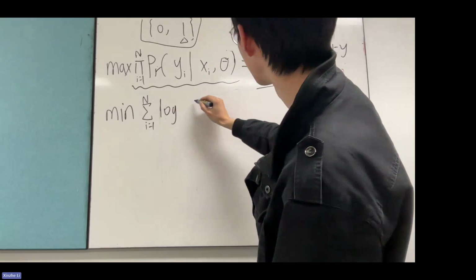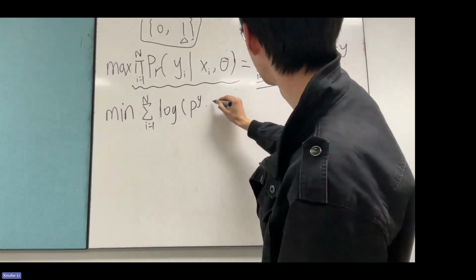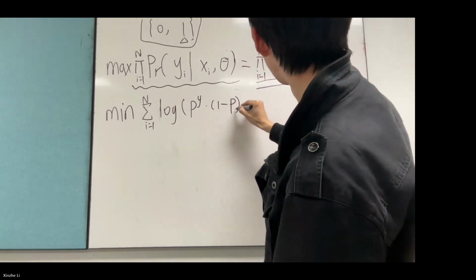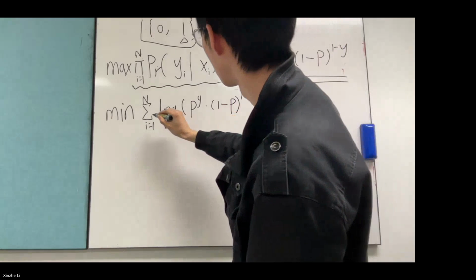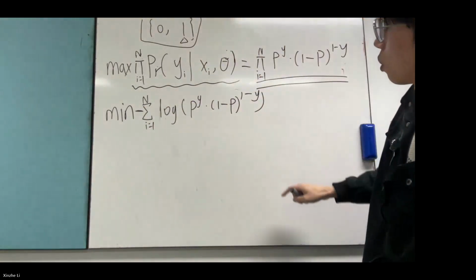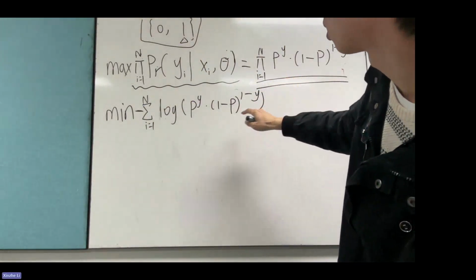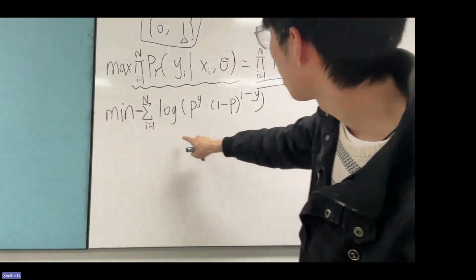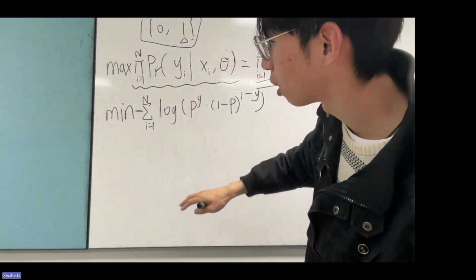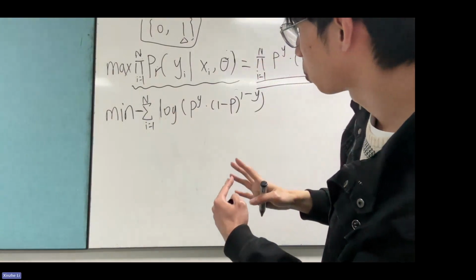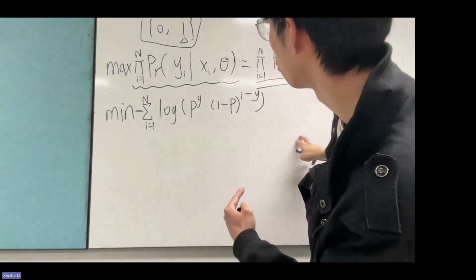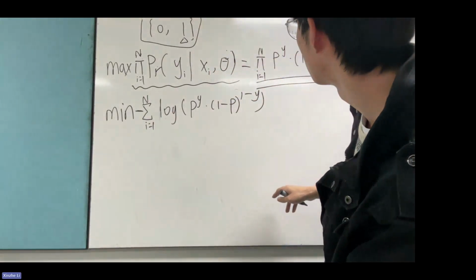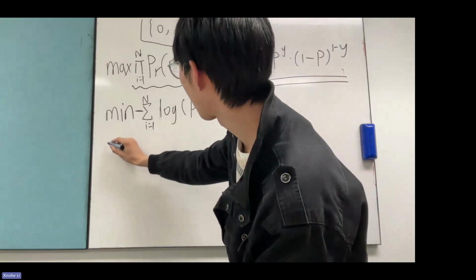I will do it from scratch so you can get the detail. See, these two are the same, right? Because I put a minus here, that's why maximum becomes minimum. And I put log here. Log doesn't affect the direction of the whole function, so it doesn't matter.